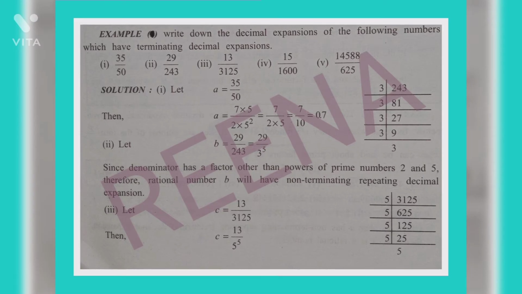The first question is in front of you: write down the decimal expansions of the following numbers which have terminating decimal expansions. I have to give the decimal expansions only of those numbers which give a terminating decimal expansion.